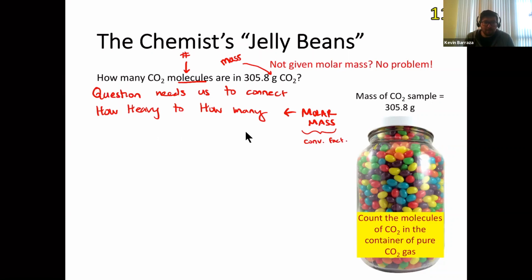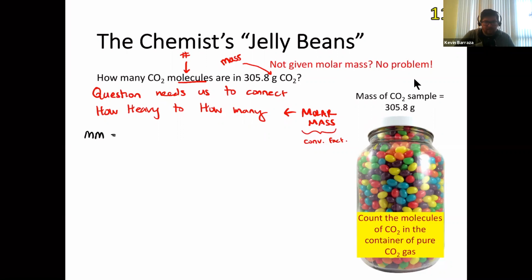Now, we aren't given the molar mass. This is as far as the statement should go, and you should still be able to do the problem. So I say, not given the molar mass, no problem. How are we going to calculate, or find, the molar mass?